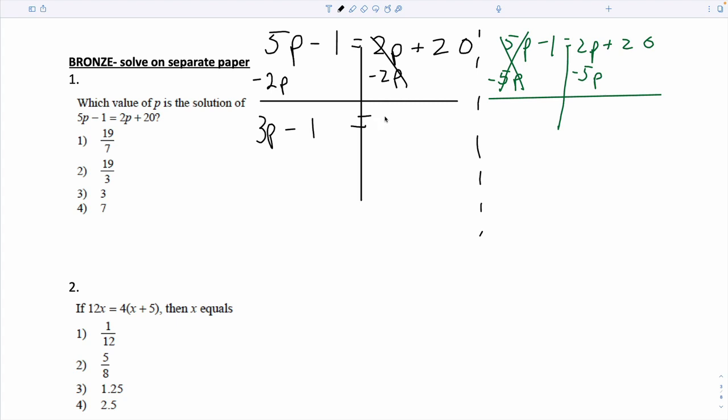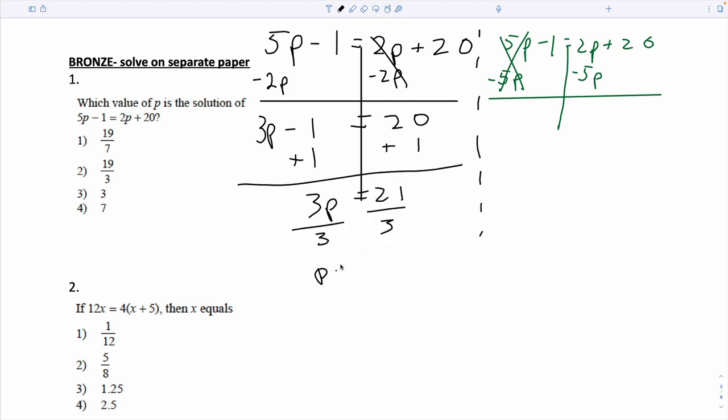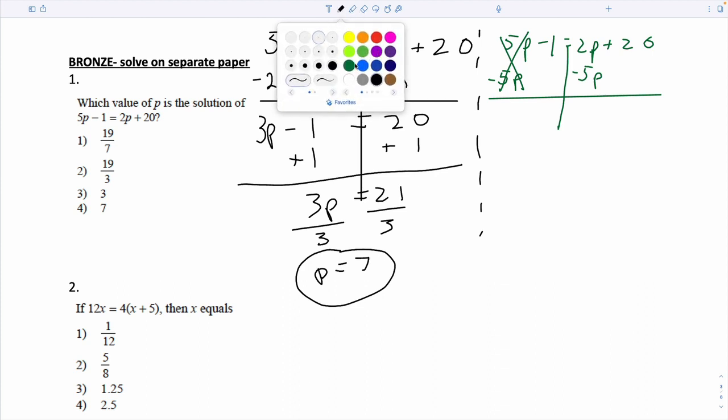3p minus 1 equals 20. I need to make constant land to the right, so I add 1. You should get p equals 7 as your answer. Let's check this one and see if we actually get the same answer with that different first step.